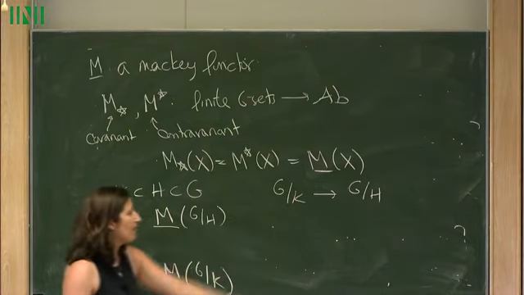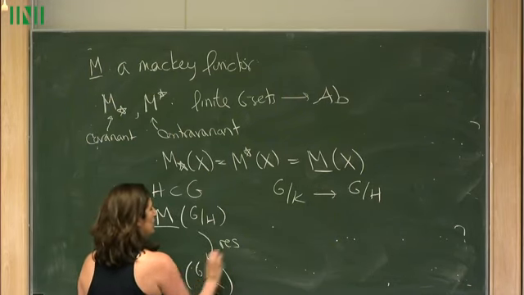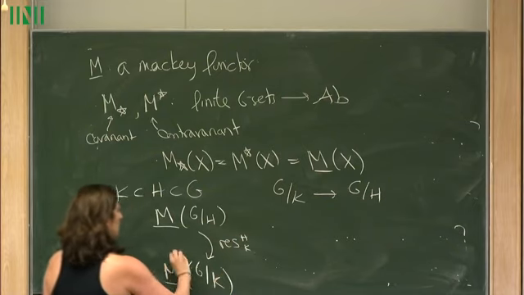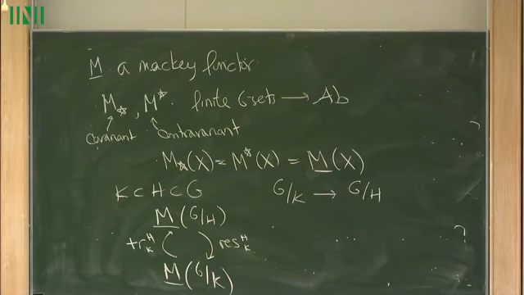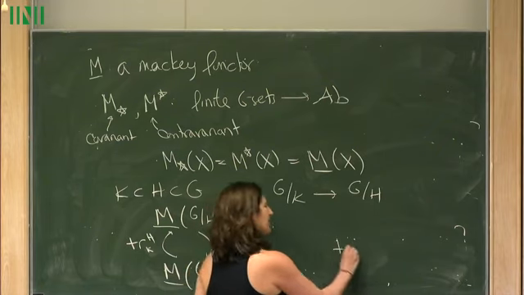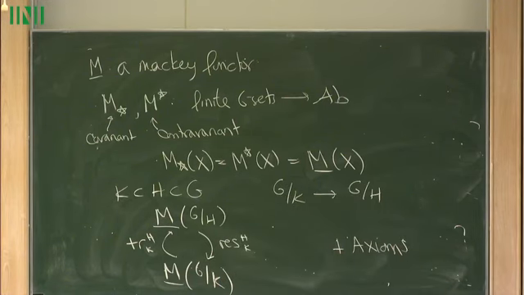The one induced in this direction is called the restriction, and the induced map in this direction is called the transfer. So I have a structure like this, plus axioms, which I'm not going to go into, that make up what it means to be a Mackey functor.